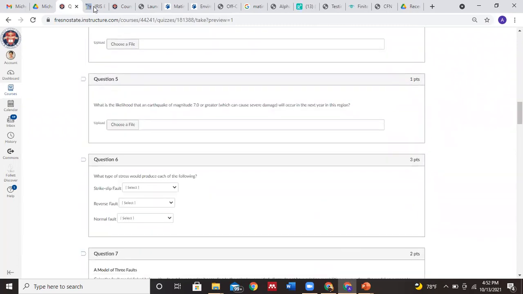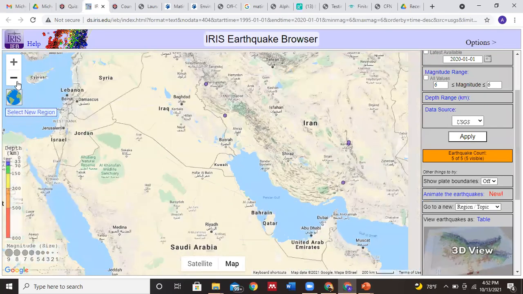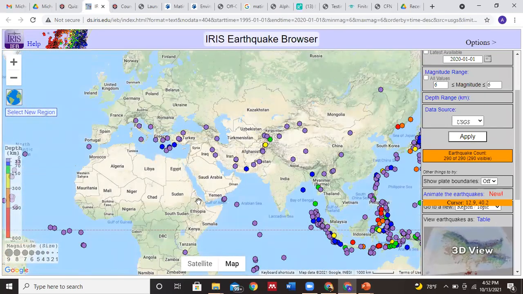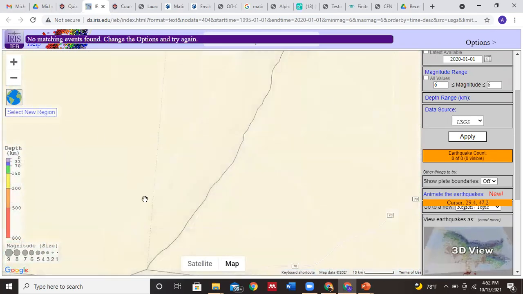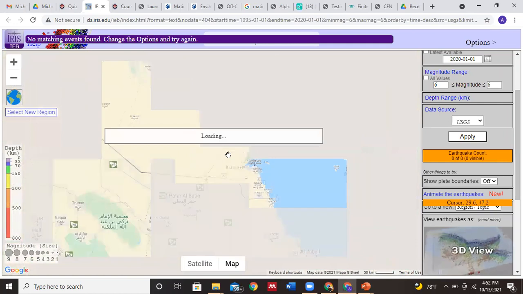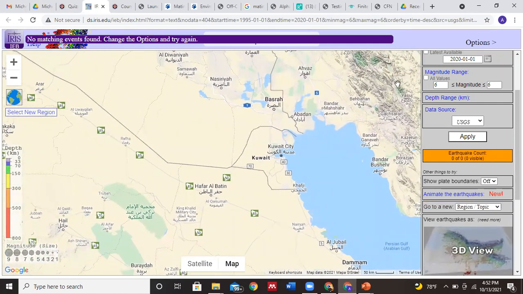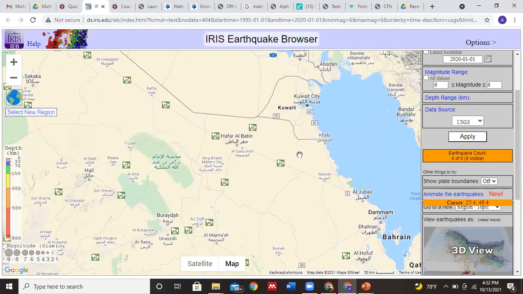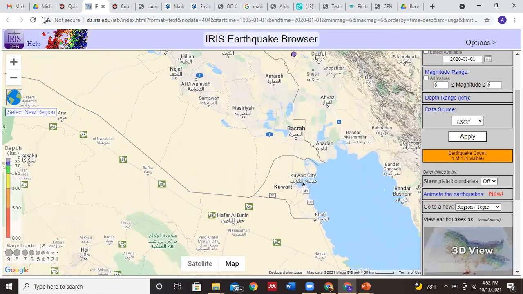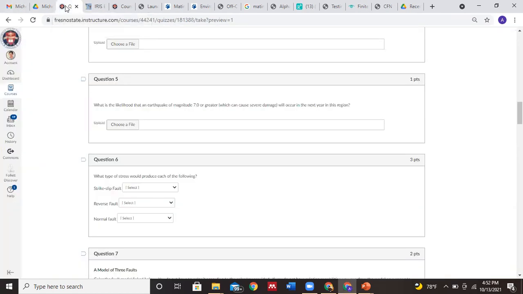You don't want to make your area too wide, because it will be hard to record the data, and you don't want it too small, because you might never get any earthquakes. Gauge it so you get a decent amount of earthquakes and a varying amount of topography, or land types, in your area of study. Try to have a coastline and mountains, things like that. That's how you're going to read and do that part.